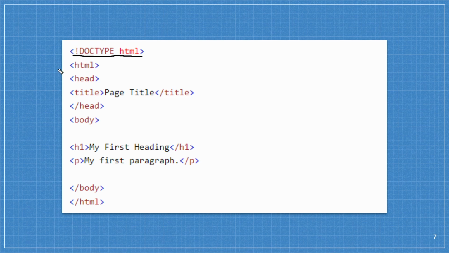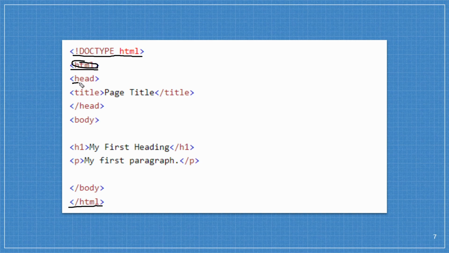And then we see a bunch of other stuff. This right here is the HTML tag. Every HTML document has this tag, and everything in your HTML document is between the starting HTML tag, which is up here, and the ending HTML tag, which is down here. Every tag has an opening one and a closing one.